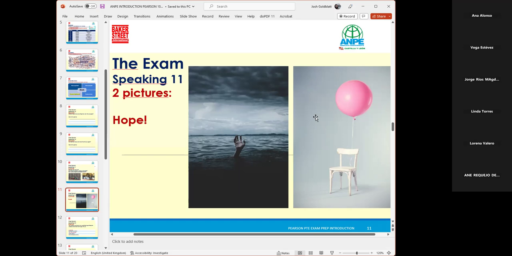No, that's not enough, is it? Okay, a little bit more. Describe a little bit more about the picture on the left and the picture on the right. I don't know.